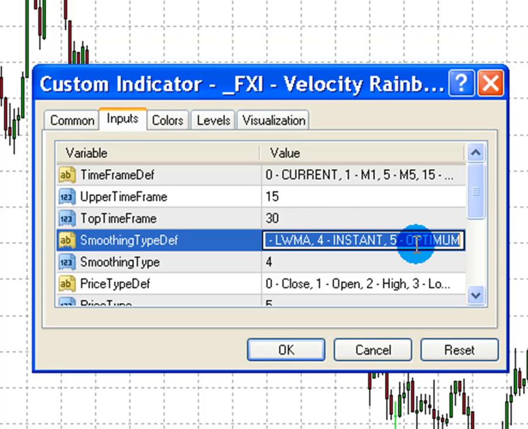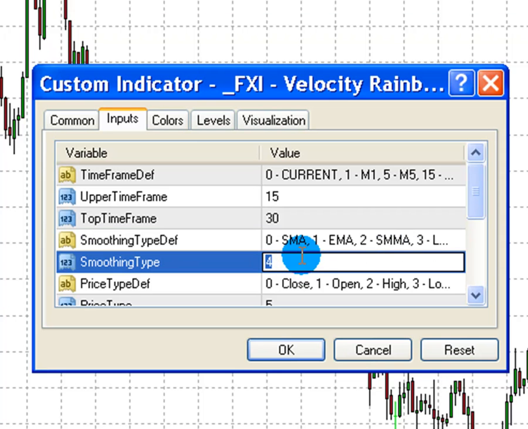Optimum, a setting of 5, doesn't use any actual settings because it automatically adjusts the lag or latency. So it's a constantly adjusting filter. It's something very interesting to go play with. But we're just going to use the 4, or an instant trend line.